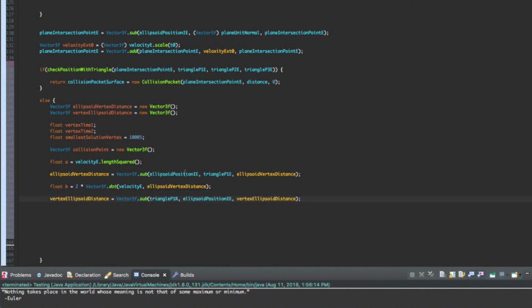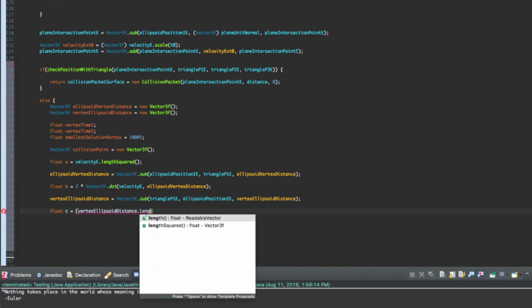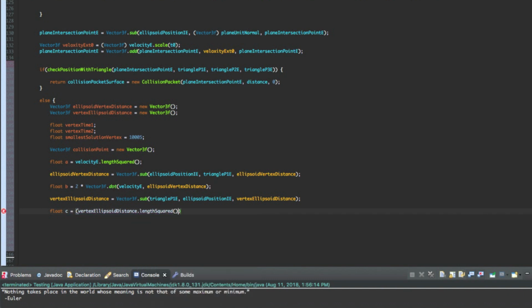Yeah, we'll change that back to P1E, and that's the ellipsoid position IE. All right, now we need the float C, which is equal to the vertex ellipsoid distance length squared minus 1.